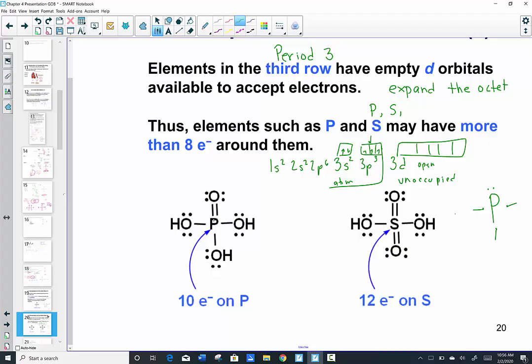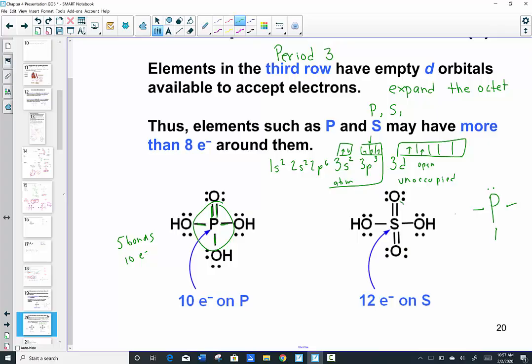Here's phosphorus in the center atom. It has 1, 2, 3, 4, 5, 6, 7, 8, 9, 10. If I look at all of those electrons around there, you can see 5 bonds, which really represents 10 total electrons. That's definitely breaking the octet rule. And how it does so is by placing some of these electrons in the unoccupied d sublevel. They're open and available for bonding when needed.